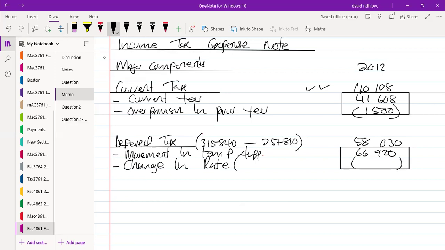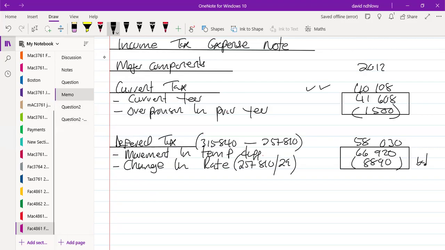Then what is the change in rate? The change in rate is 257,810 divided by 29. Right, however, what you can do, this figure can just be a balancing figure here. So you say 66,920 minus 58,030, then you get a figure 8,890.